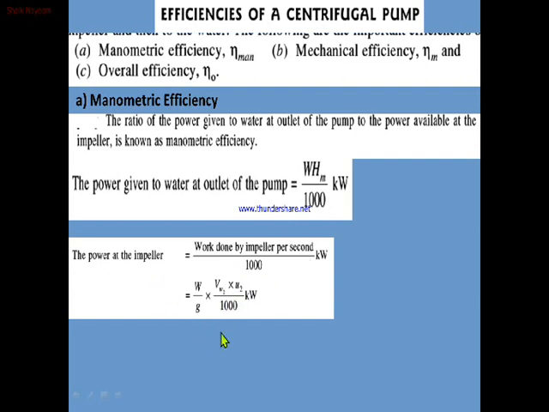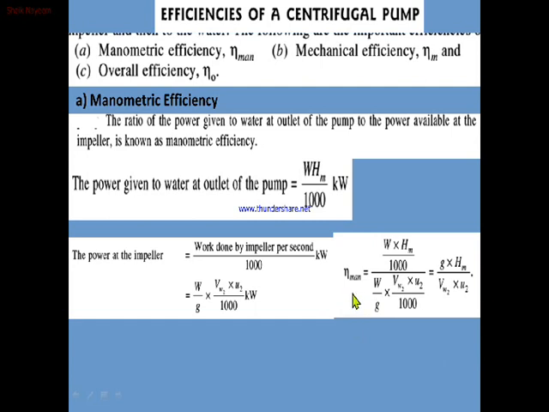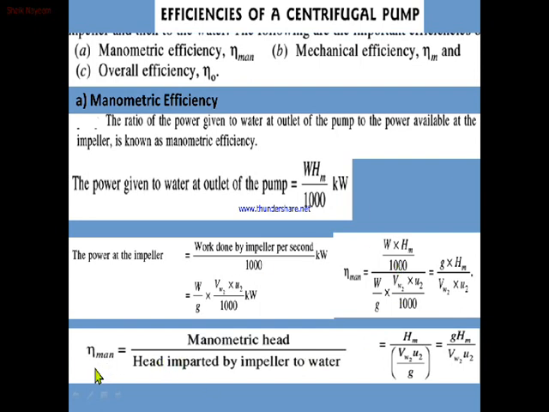So we'll write W by g into Vw2 u2 by 1000 kilowatts. By substituting these, we'll get manometric efficiency equals g Hm by Vw2 into u2. This can be simply written as manometric efficiency equals manometric head by head imparted by the impeller to the water.